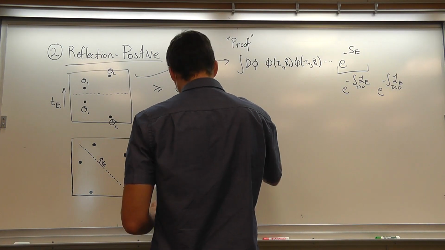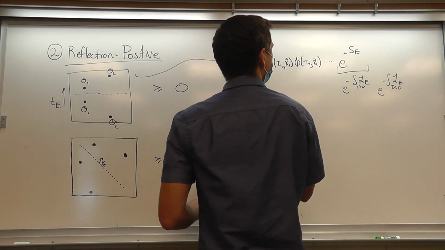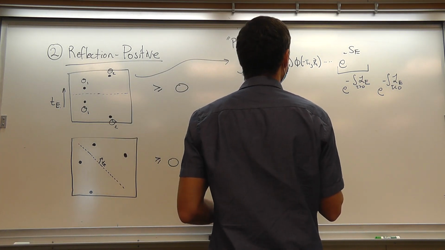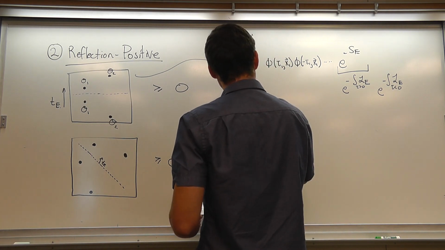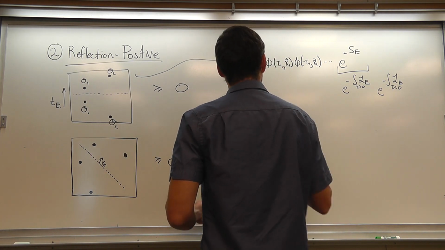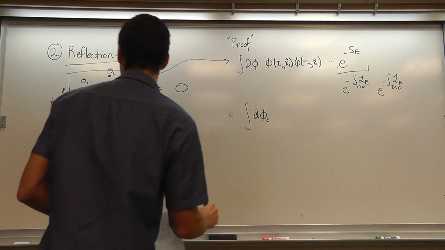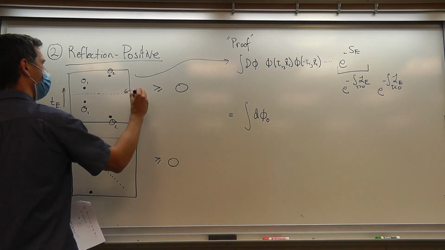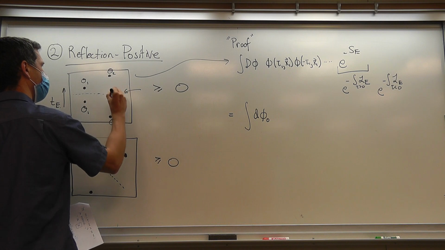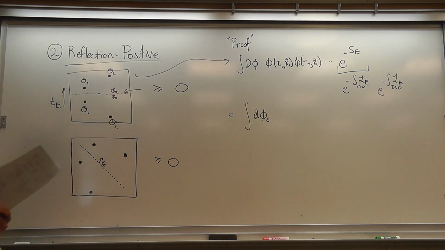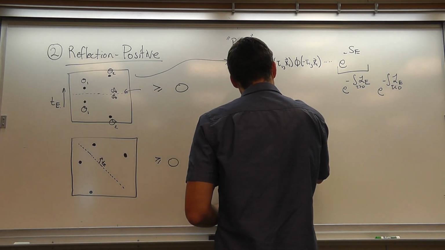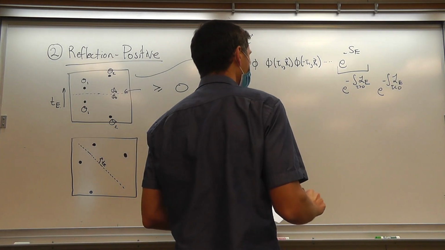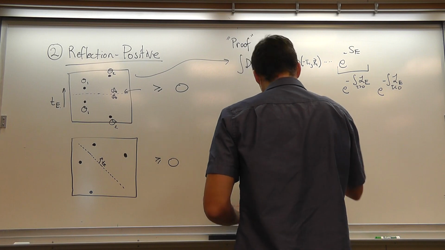So this is actually, well, I can write it this way. I'm going to insert a complete set of states on the dashed line. Then this is an integral d phi naught of vector x of something squared.